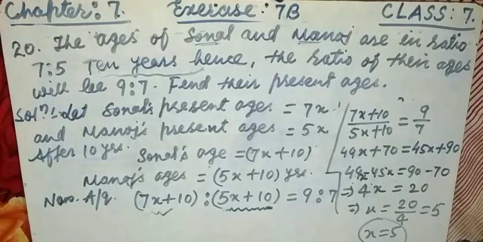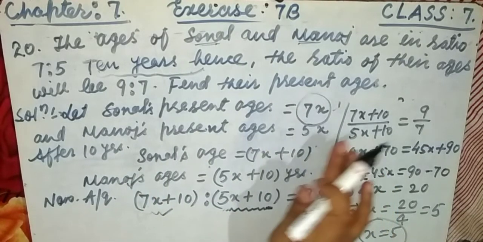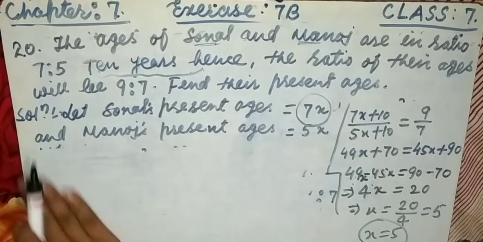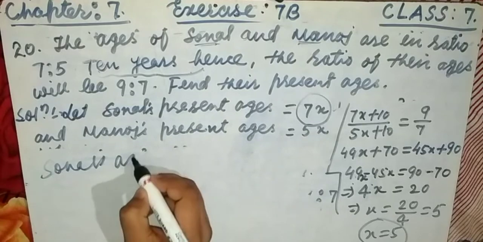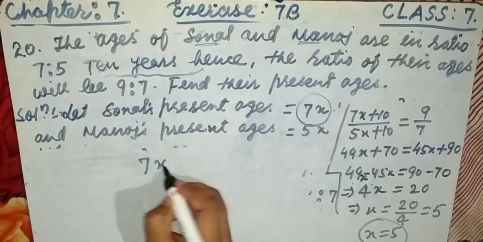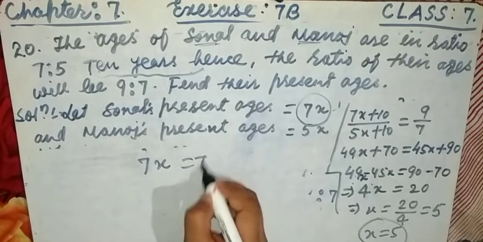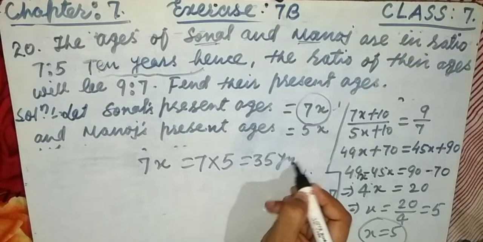Remember, now we have to find the present age of Sonal. Sonal's present age is equal to 7x. We can write Sonal's present age as 7 multiplied by 5, which means 35 years. Okay, first answer.